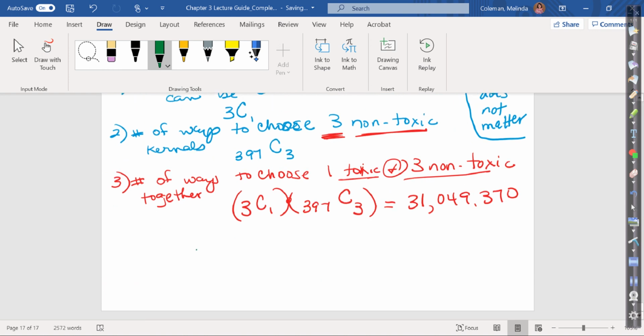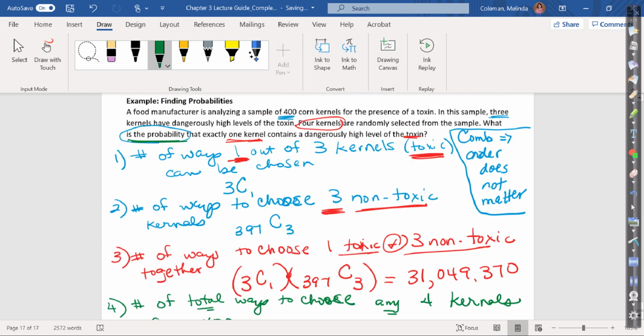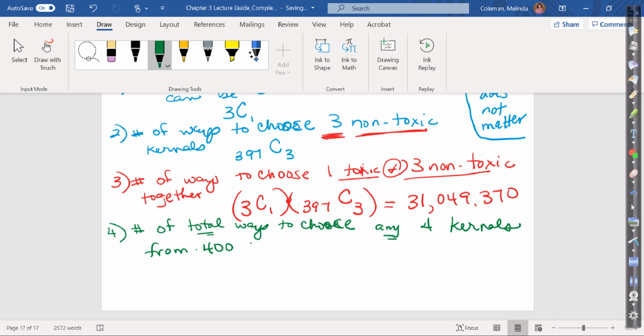Now I need the number of total ways to choose any 4 kernels from the 400 sample. That's a better word.